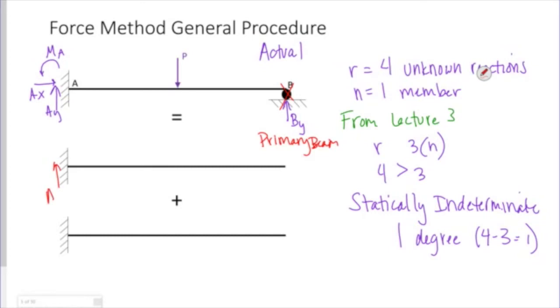I have a vertical reaction, a horizontal reaction, and my moment at A. And I have my force P. So 1, 2, 3 reactions. All right, this is a statically determinate structure, right? And if I look at the displaced shape of that, it's going to look something like that. Don't worry, I draw it better on the next slide.